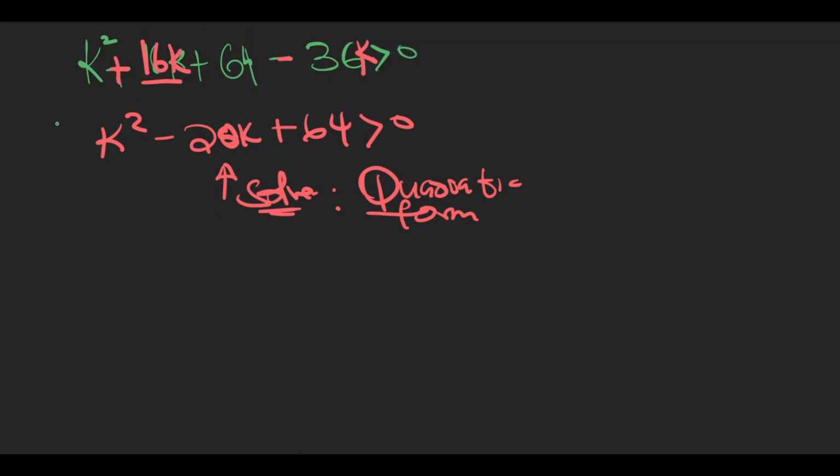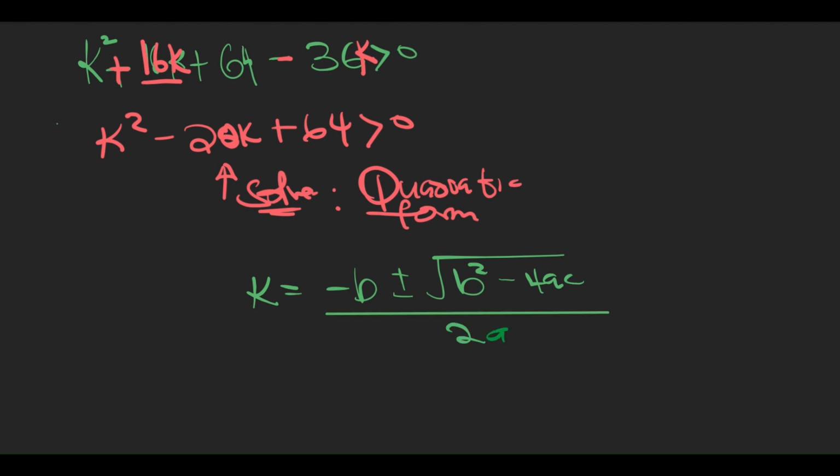If you have a problem, please go watch it. But the quadratic formula, because now I'm dealing with k, reads k will be equal to minus b plus or minus the square root of b squared minus 4ac, all over 2a.